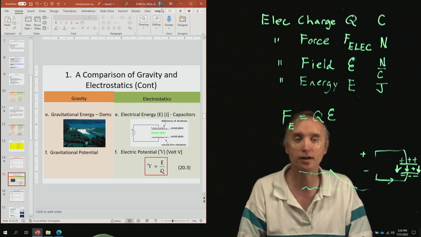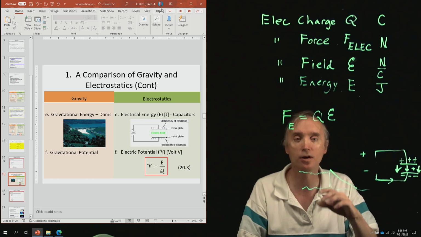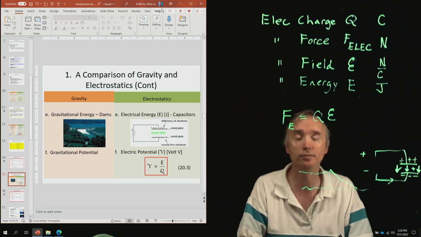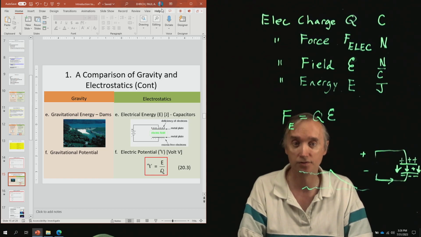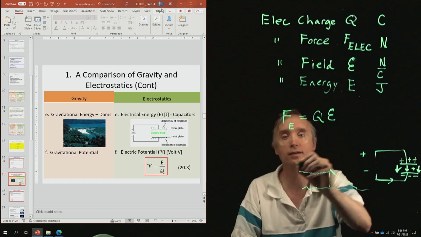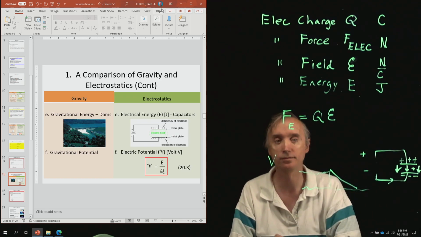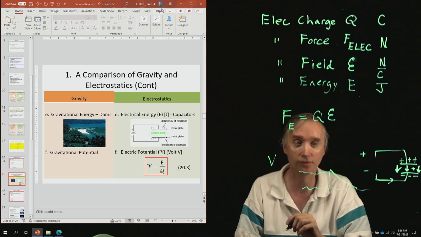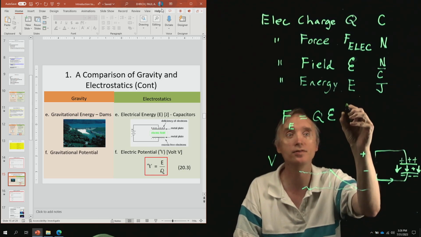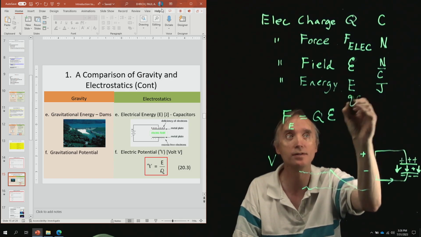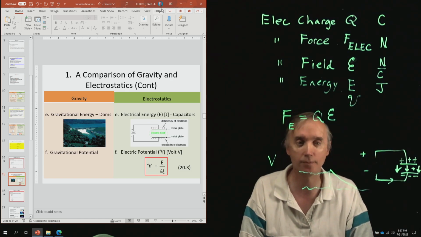This time, this is going to be called electrical potential, and it's going to be given by the letter V. So V as in voltage. But don't make a V like that, because we're going to use that to stand for velocity, for speed. So let's use a cursive capital V.